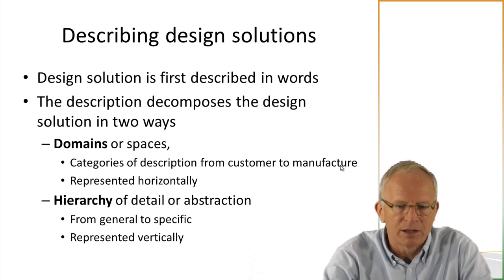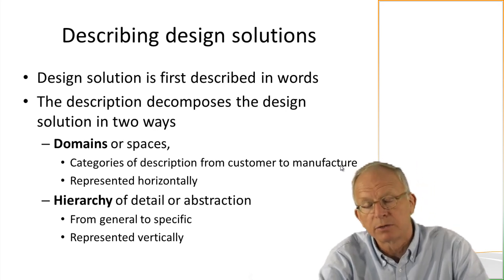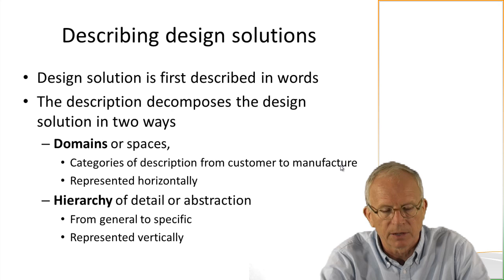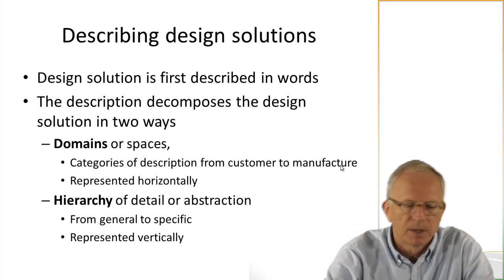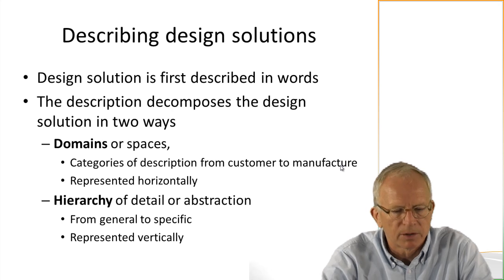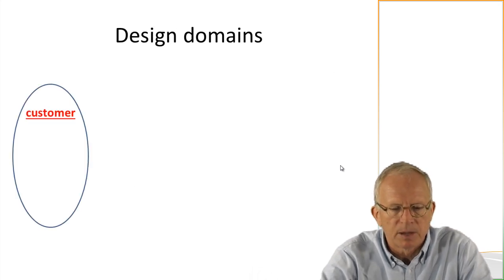Then there's a hierarchy of detail, or of abstraction we could say, and it goes from general to specific. And this we often represent vertically. And so this would be the vertical decomposition into a hierarchy of abstraction. So let's take a look at the design domains.